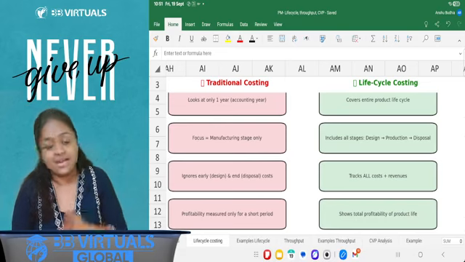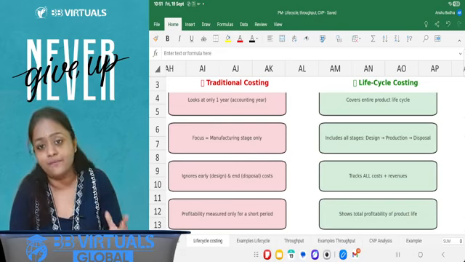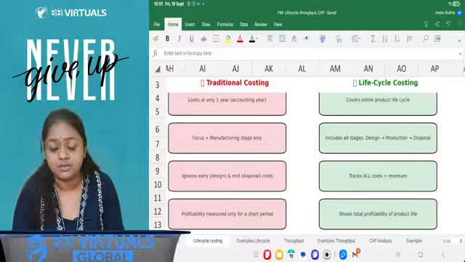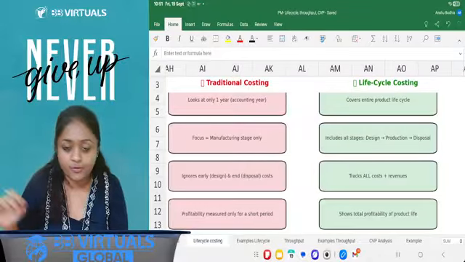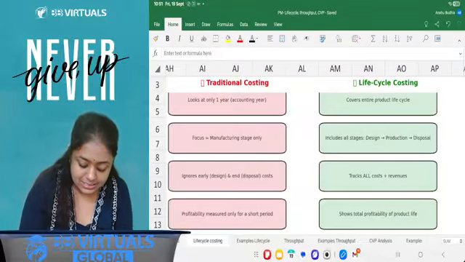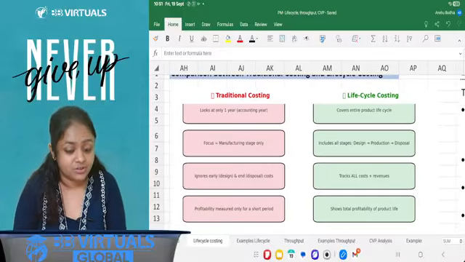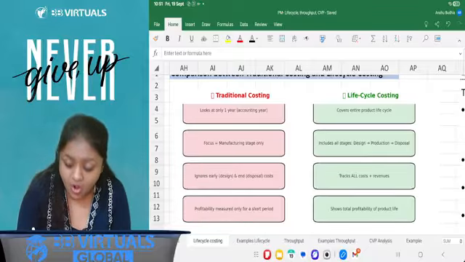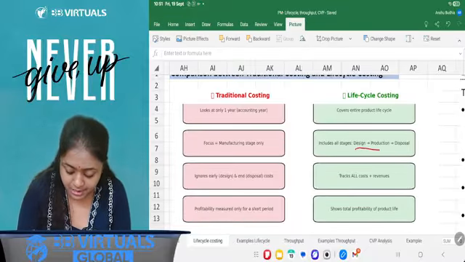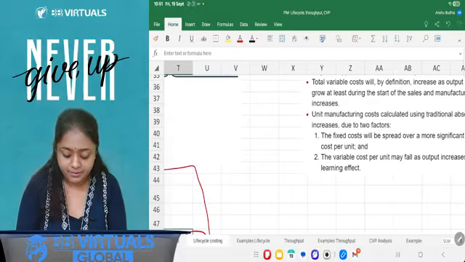But life cycle costing says don't look at 1 year, don't look at the short run period, look at a larger period, which is the life cycle of a product. Focus in traditional costing is only on the manufacturing stage. In life cycle costing, we focus on all stages: design, production, as well as disposal. Right?